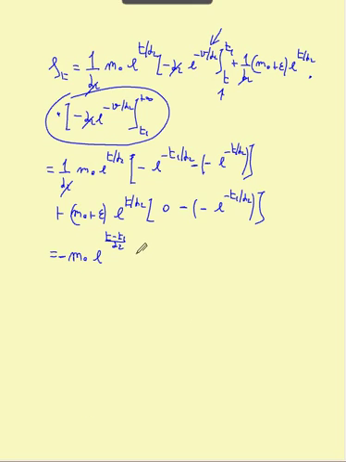Then you get plus m0, because you get m0 e to the power of 0. Then you need to multiply m0 plus epsilon times 0, there is no problem. Times the other part, you get plus m0 plus epsilon, which multiplies again e to the power of t minus t1 over alpha 2.